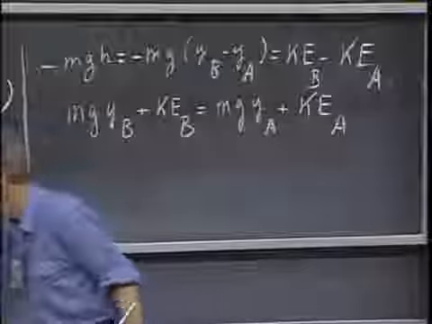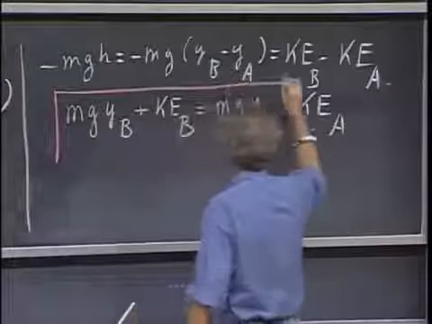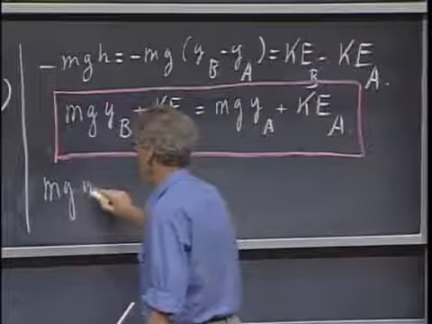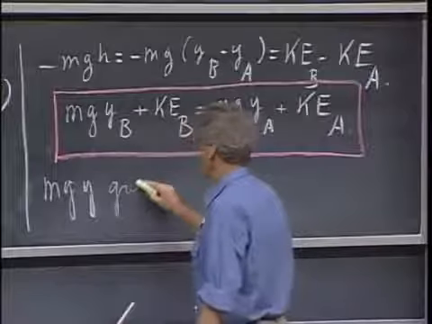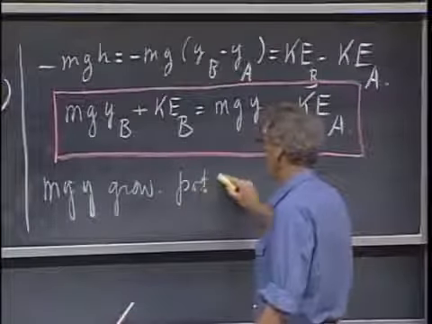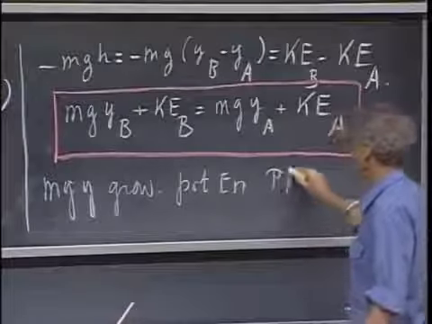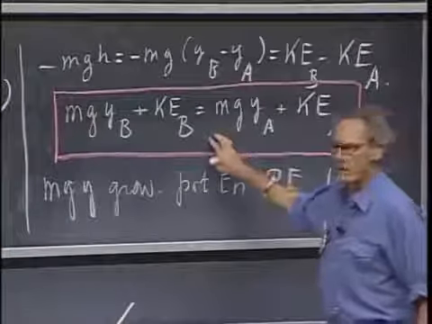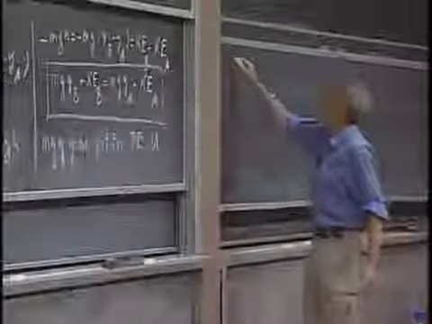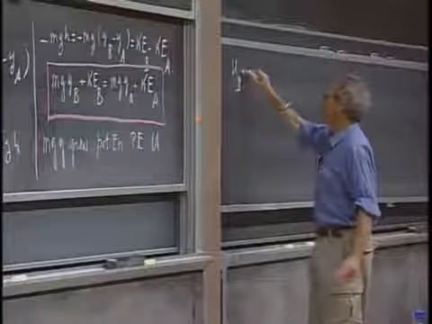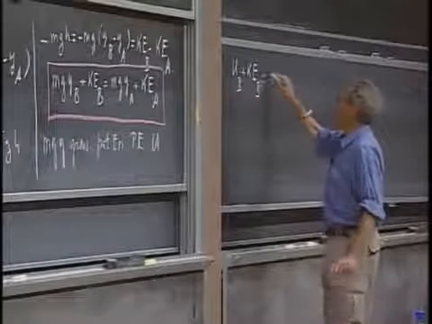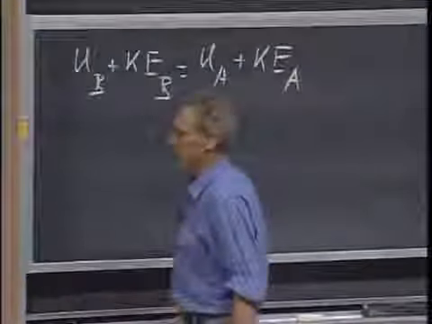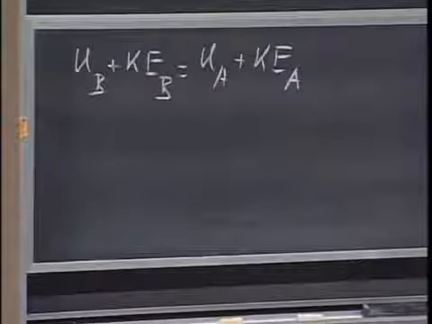And this is truly an amazing result. We call mgy, we give that a name, and we call that gravitational potential energy. Often we write for that PE, or we write for that a U. And what you're seeing here is that the sum of potential energy at point B and the kinetic energy at point B is the same as the potential energy at A and the kinetic energy at point A. One can be converted into the other, and it can be converted back.